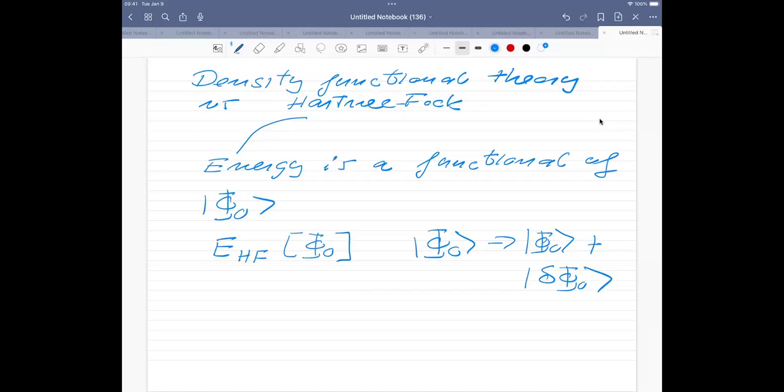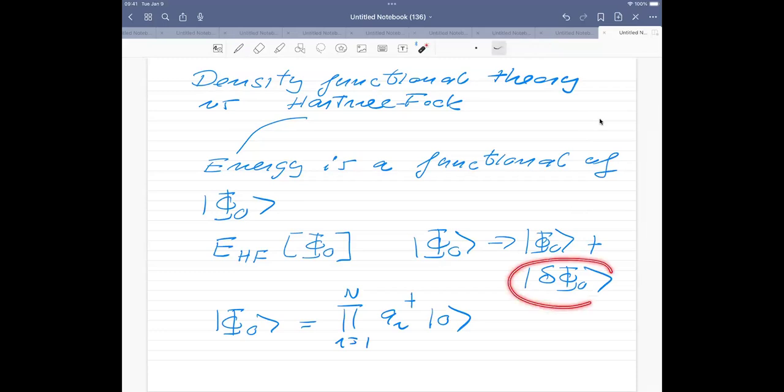So what we did was to assume that this phi zero is given by a Slater determinant. So we have i up to n, the number of particles, and then we have the creation operators. So I'm setting this up in second quantization now. What happens is that we could show, when using Thouless' theorem, that this term in second quantization was the same as us making a small admixture of one-particle, one-hole excitations.